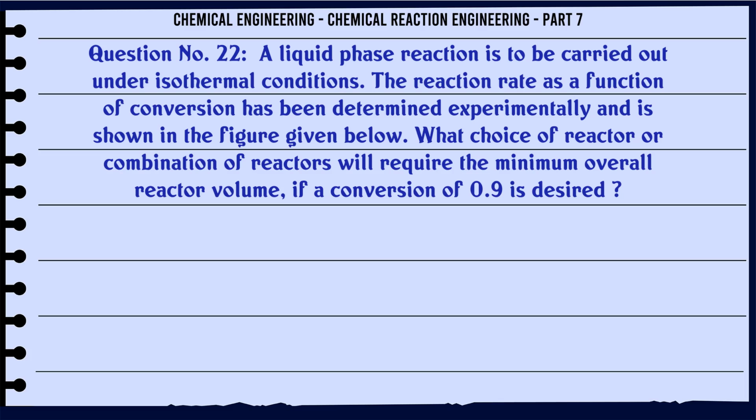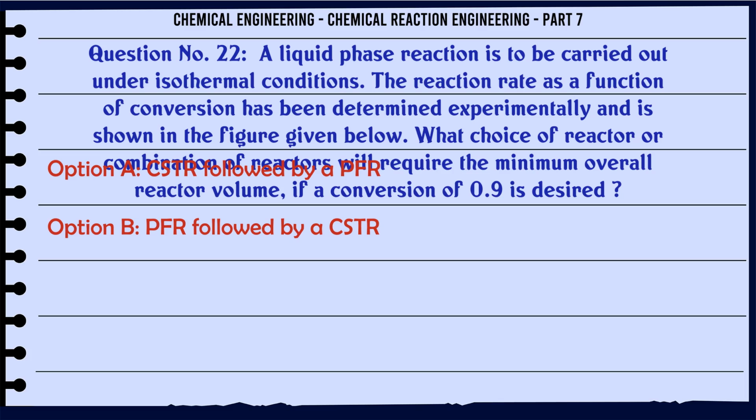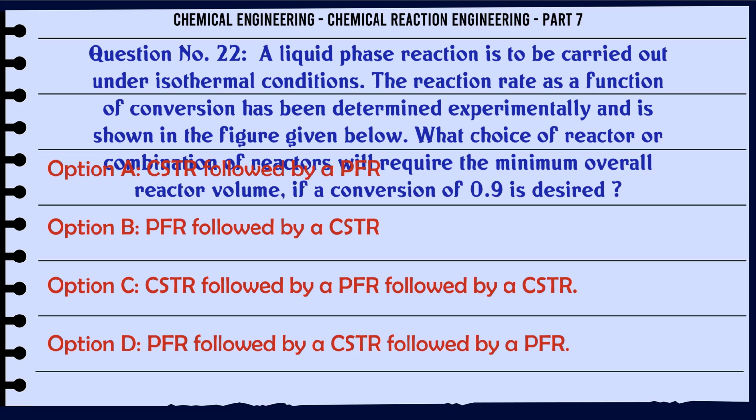A liquid phase reaction is to be carried out under isothermal conditions. The reaction rate as a function of conversion has been determined experimentally and is shown in the figure given below. What choice of reactor or combination of reactors will require the minimum overall reactor volume if a conversion of 0.9 is desired?